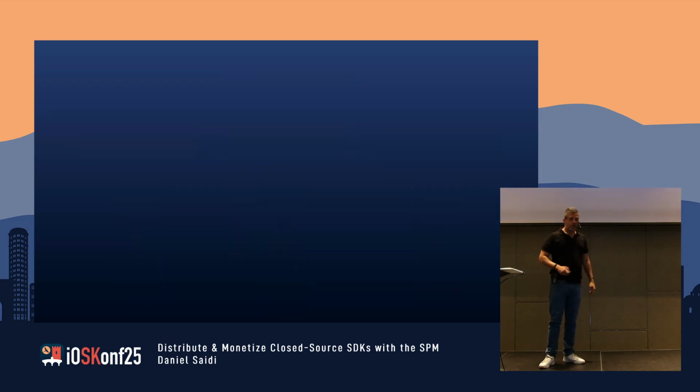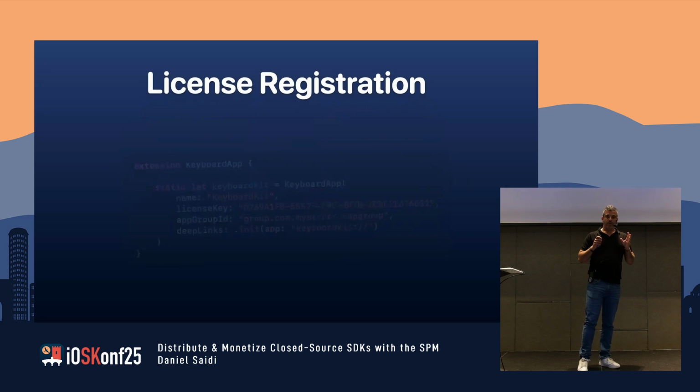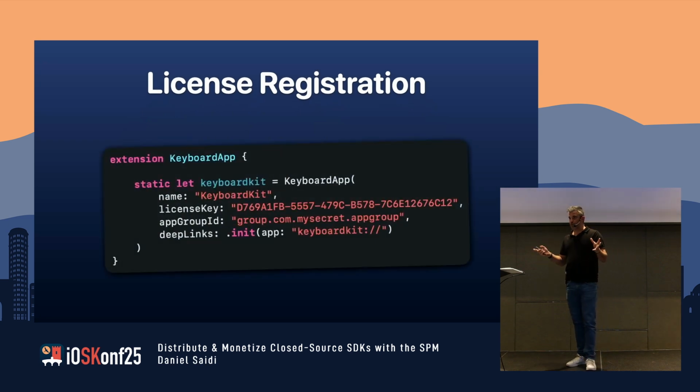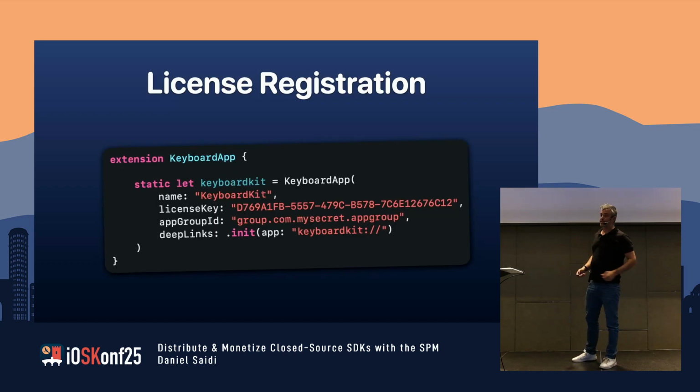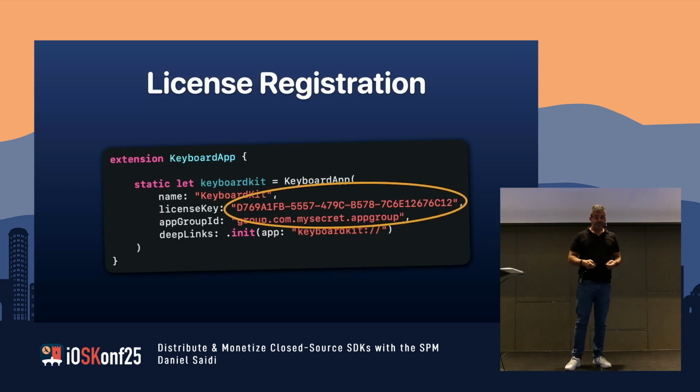Cool. So how do my customers register a license? If you go in an app that has some purchase stuff, you perhaps have a purchase screen, you tap a button, and you give Apple 30% or 15%. In an SDK, you need to provide some kind of entry point for that. So I let users create this configuration object, and they can add their license key to it.